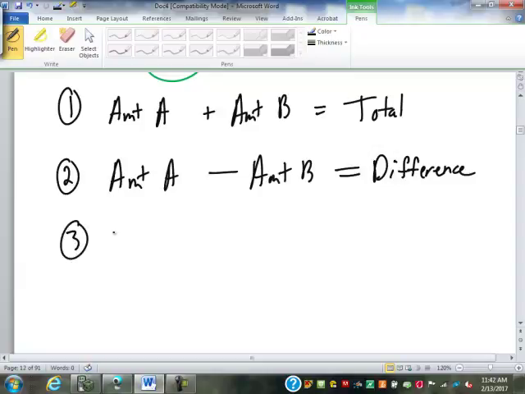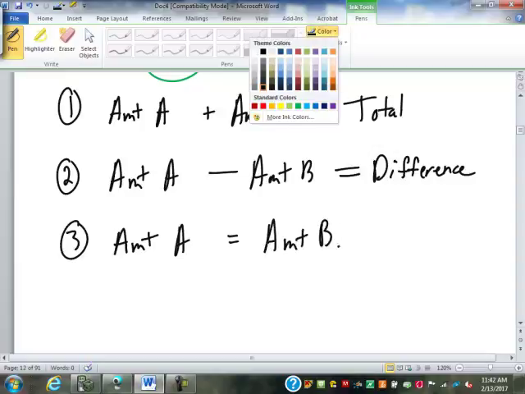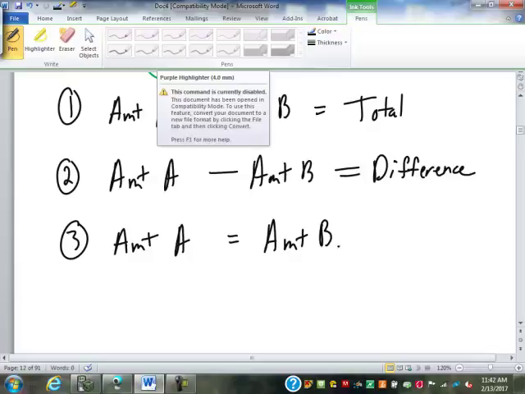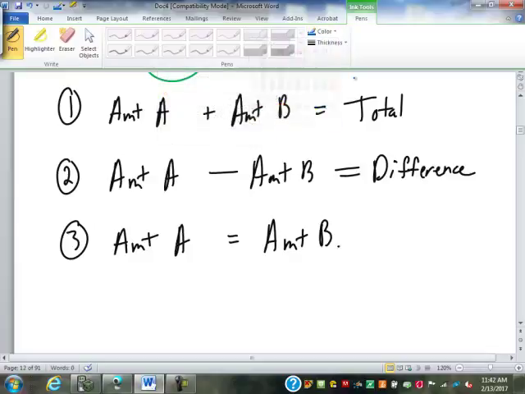Or we can have two amounts that have to be equal to each other. So pretty much all of the word problems we do where we write algebraic equations are going to fit into one of those three types.